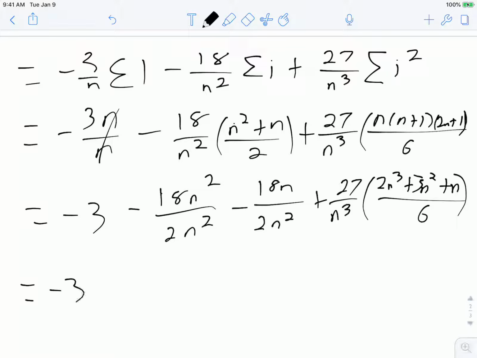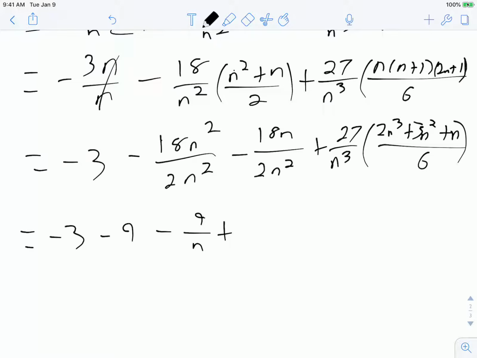So this is negative 3 minus 9 minus 9 over n plus, so we have 27 times 2, which is 54, and then over 6. I'll do it one step at a time: 54n cubed over 6n cubed plus, this is just going to be 27 times 3 over 2.